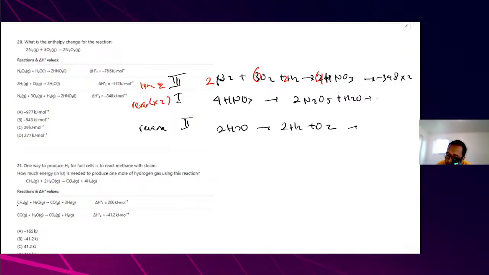Okay, so just times 2 and then reverse sign. We put in the opposite sign and then times 2. And then how about the second one? $572. Right, that's great.